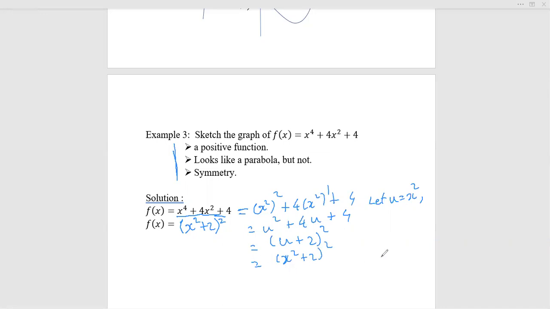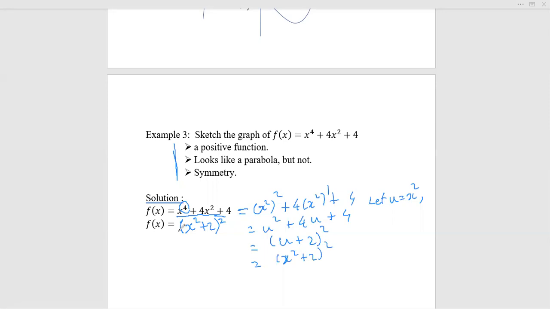Now, this is a quadratic function of x squared, but it is not a quadratic function of x. It is x to the power 4, a fourth degree polynomial function. So it is not a parabola.